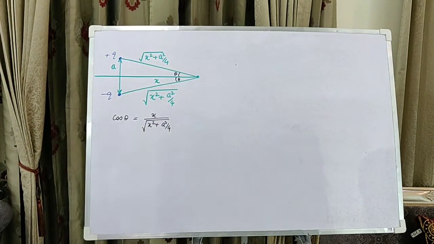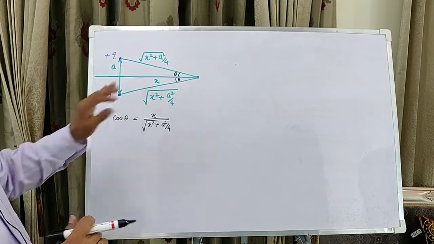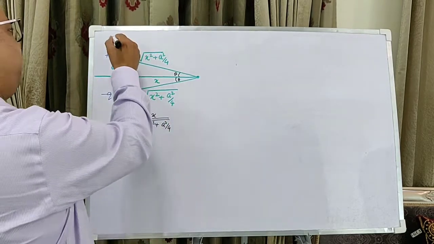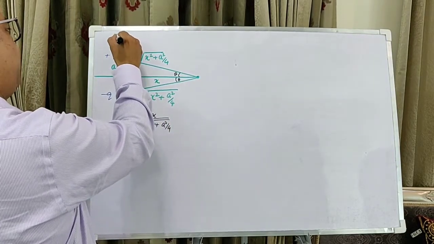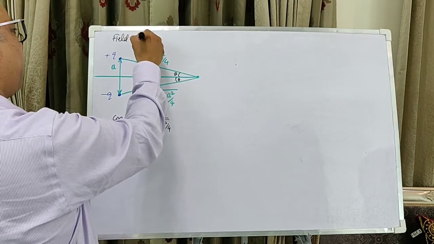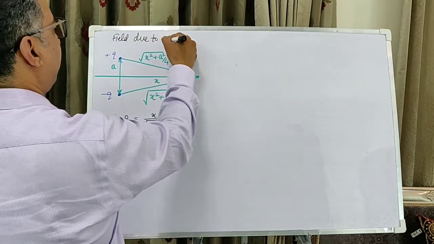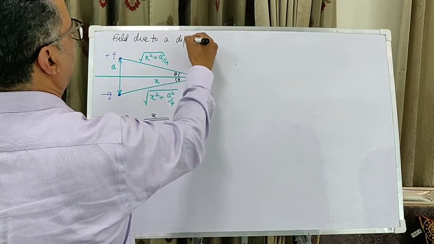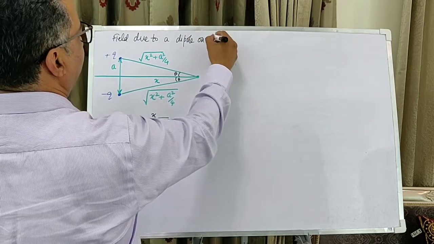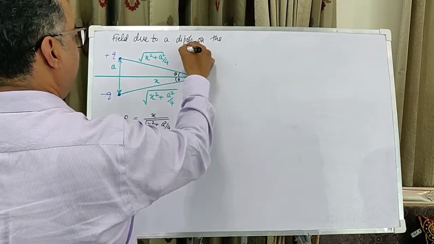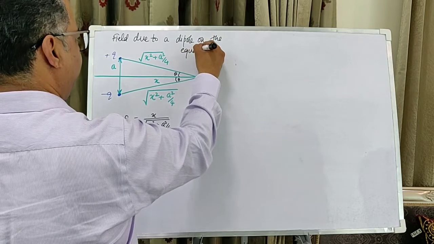So this then is the situation. We are finding the field due to a dipole on the equatorial line.